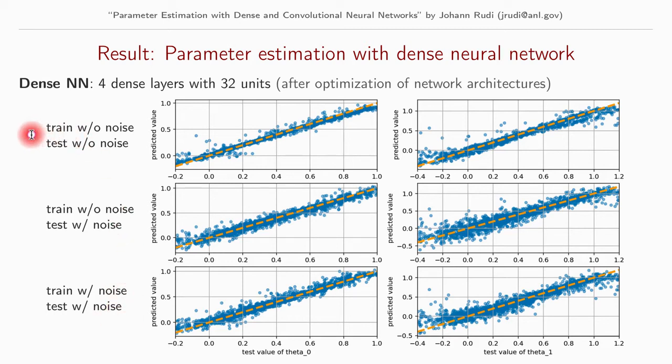That means the question is, how do you train effectively given that you will be testing without noise, or in practice actually you will always be confronted with some noise. So this is the best case scenario, and this is more of a typical practical scenario where testing data has noise. So we see that without noise, the neural networks perform fairly well. So the spreading around the ideal dashed line is fairly narrow. This is for parameter theta 0 and this is for parameter theta 1. As noise comes into the data, the spreading becomes wider.